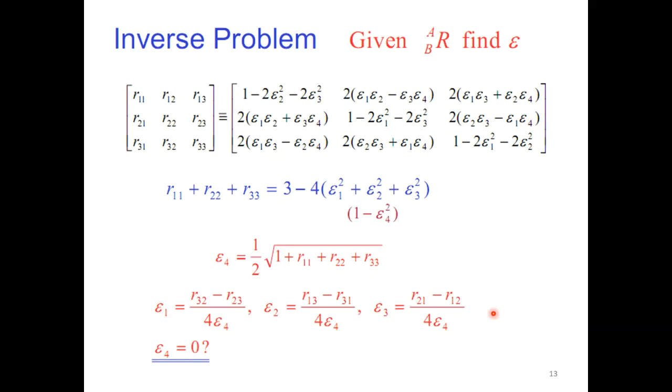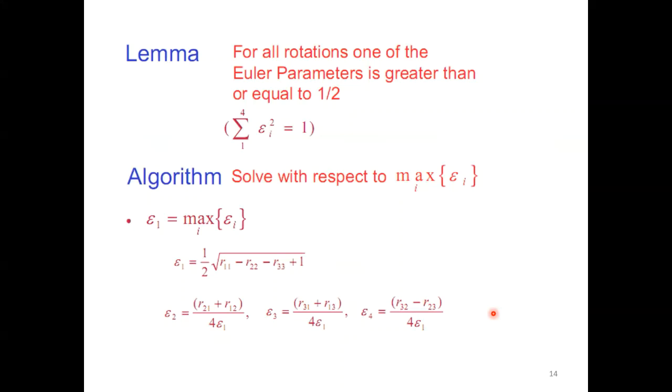But the beauty of this Euler parameter case is that there is a lemma to get out of the problem. This is a serious mathematical treatment. In the Euler angle case, it is three angles, alpha, beta, gamma, which means 3 dimensions. But when you get on to Euler parameters, it is epsilon 1, 2, 3, and 4. It's a 4-dimensional problem.